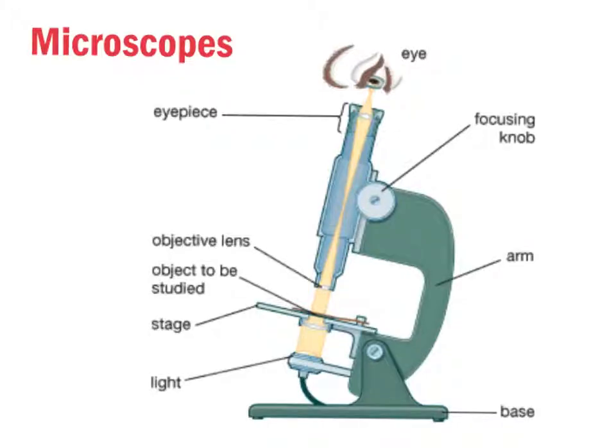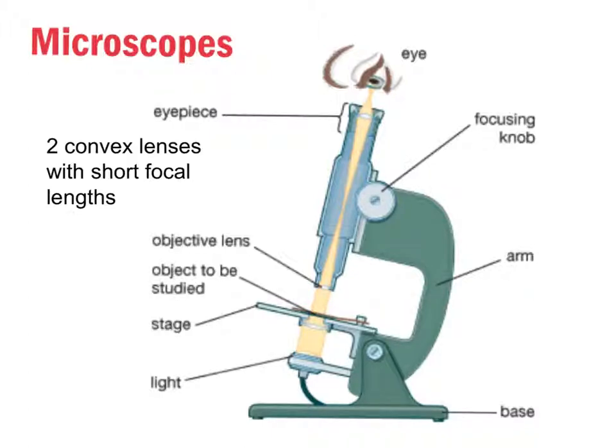Now let's take a look at how a simple microscope would work. A microscope uses two convex lenses that have relatively short focal lengths to magnify some small, close object. The object that is going to be viewed is placed on a transparent slide and illuminated from below. The light passes by or through the object on the slide and travels through the objective lens right here.